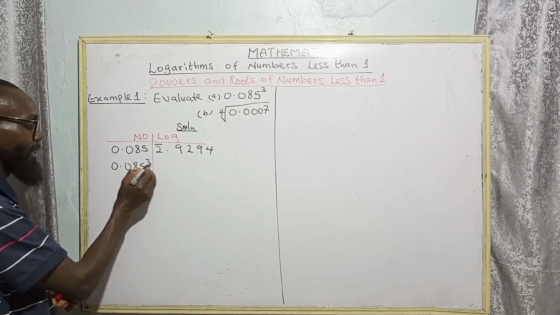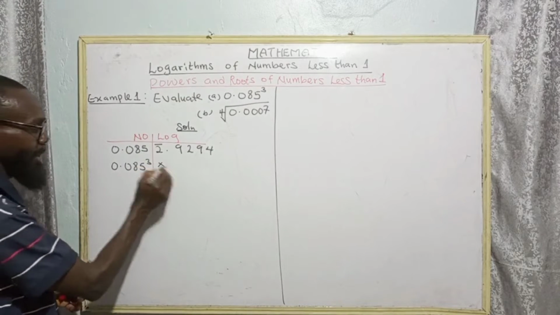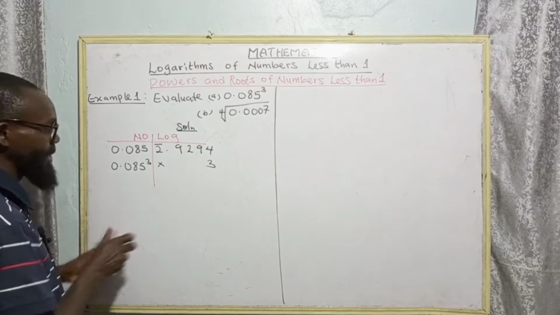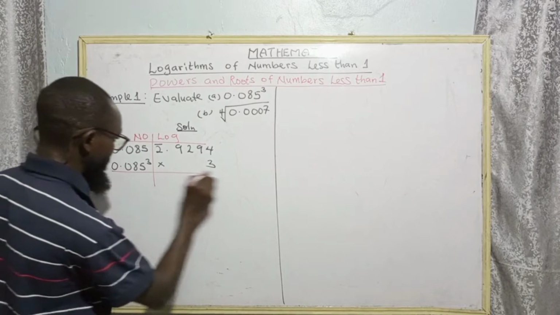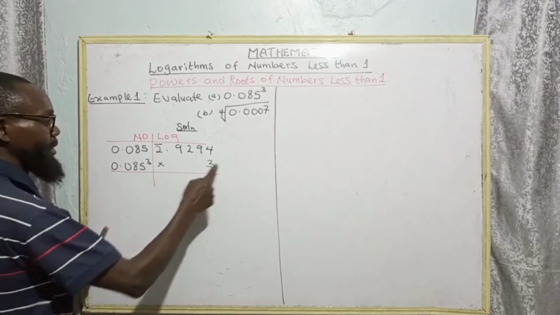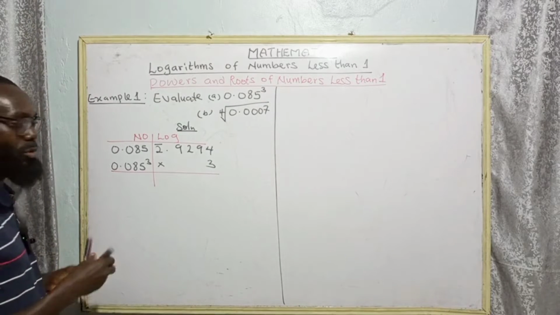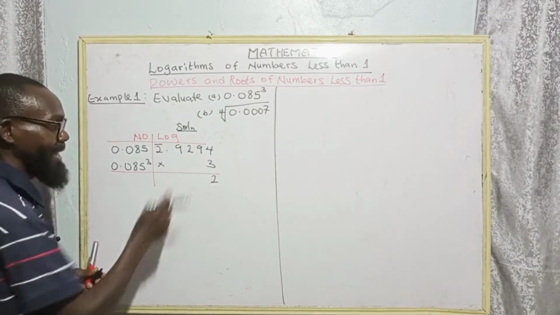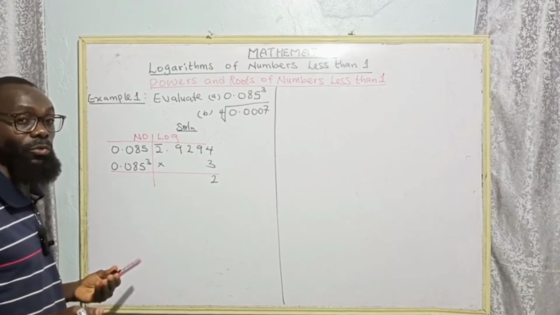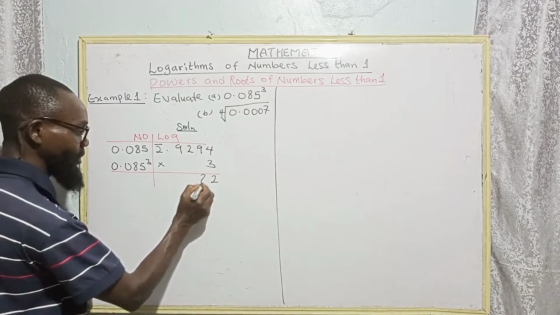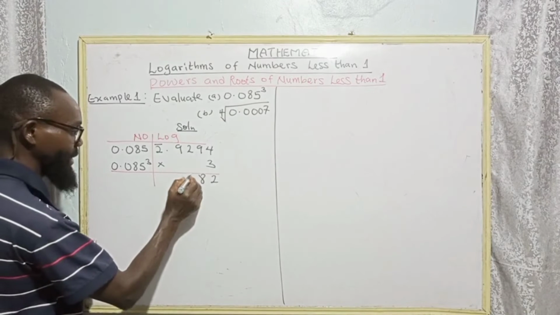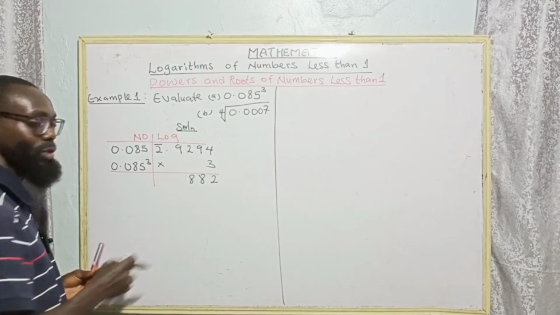0.085 raised to the power 3. So power means multiply by 3. So when you multiply by 3, we have 3 times 4, that is 12. We write 2, carry 1. 3 times 9, that is 27, plus the one we've carried, that is 28. 8 carry 2. 3 times 2, we have 6, plus 2, we have 8. 3 times 9, we have 27.